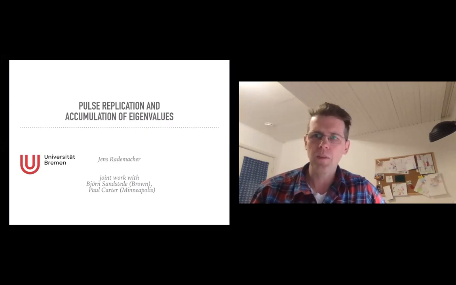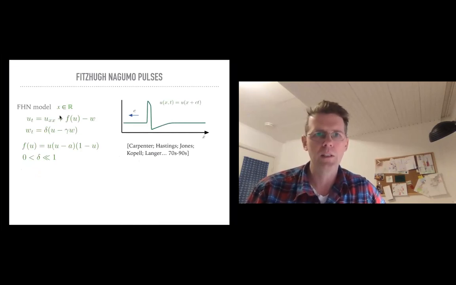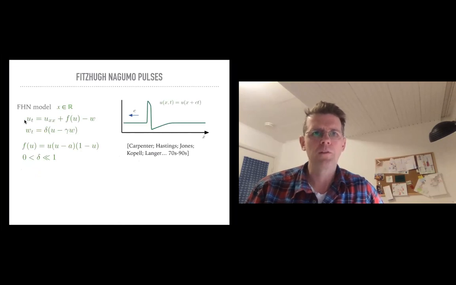While the theory is, we believe, a little bit more broadly applicable, the guiding example that I'm going to take here is the FitzHugh-Nagumo system in this form, and its pulse solutions. The FitzHugh-Nagumo model will be posed on the real line. It consists of these two differential equations.